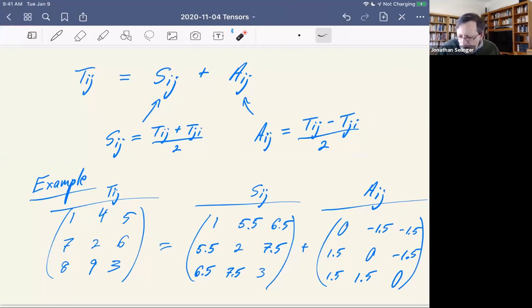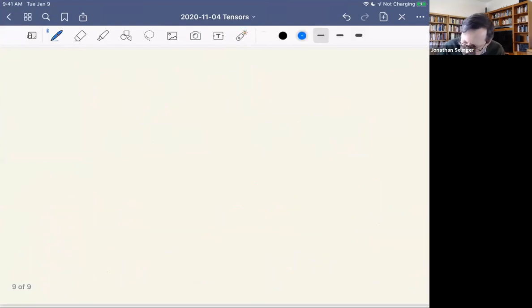So why am I doing this? Well, it's because I can think of a way to visualize a symmetric thing, and I can think of a way to visualize an anti-symmetric thing. So whatever tensor you start with, step one, break it into symmetric and anti-symmetric parts. Then I'll tell you how to visualize each of those separately. Okay, let's do the anti-symmetric.